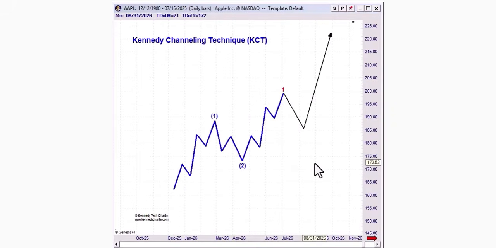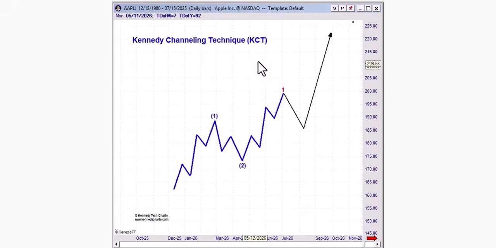Okay, so I needed a technique that would allow me to differentiate confidently between these two types of formations. And my answer, my solution to this quandary here was the Kennedy channeling technique.